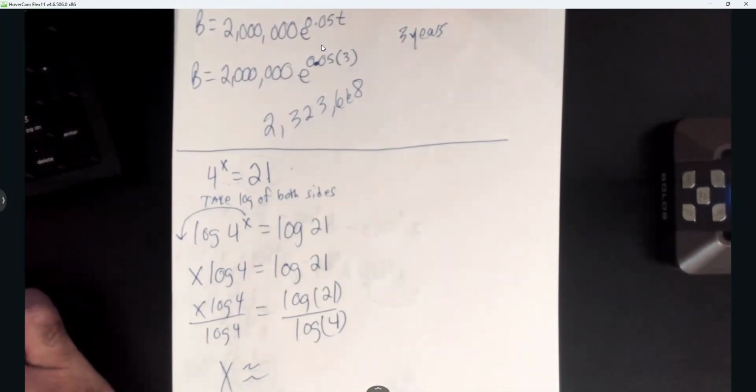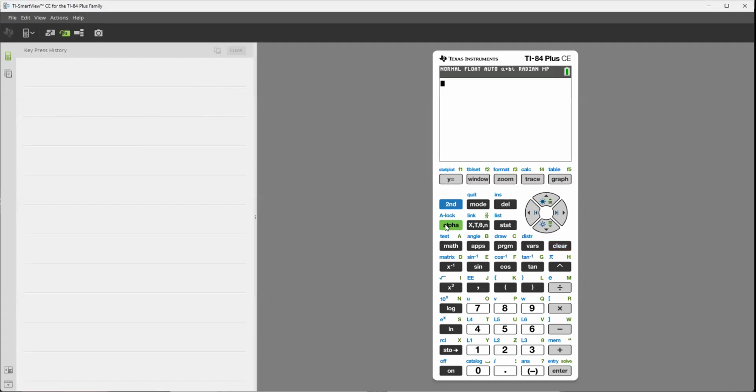So I'm going to go to the calculator. I'm going to clear everything off. I'm going to make mine look like a fraction, so I'm going to hit the green alpha button, y equals, enter. So on top was a log 21, close parentheses.